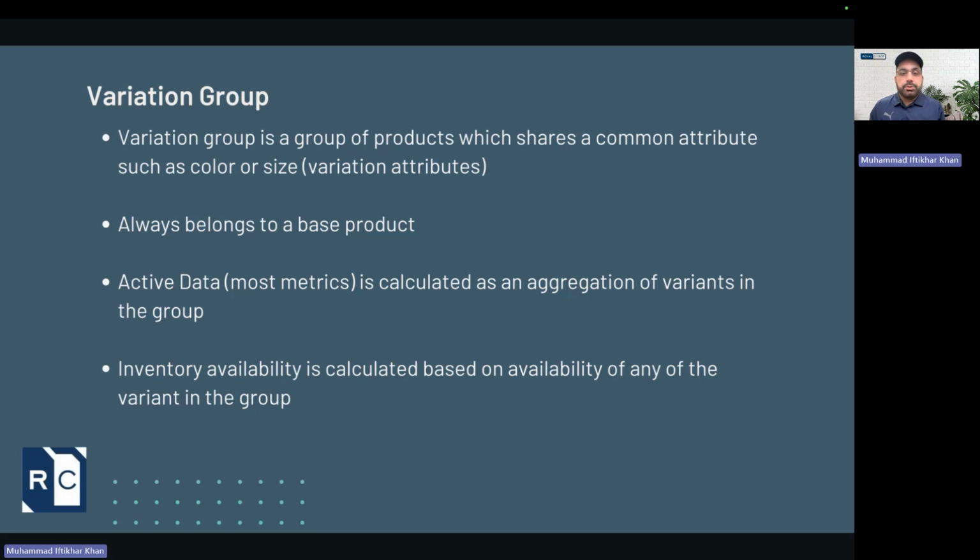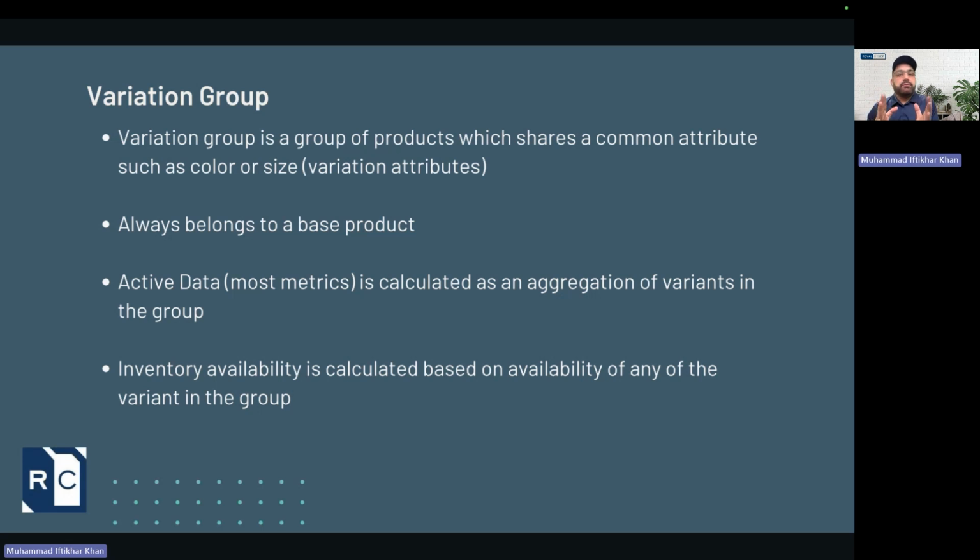Variation groups: you can create variation groups within the variations of your single base product. Let's suppose you have a base product and under it you have 100 variations. Within those 100 variations you can create groups.